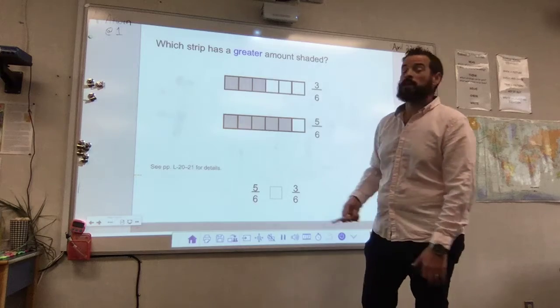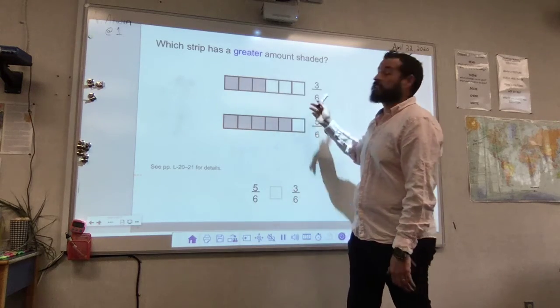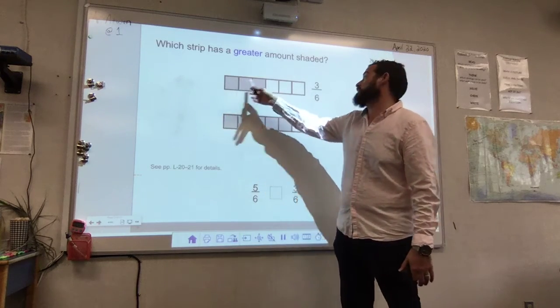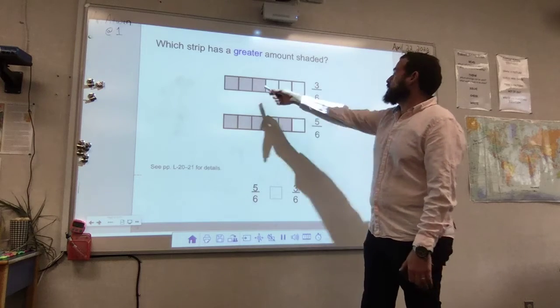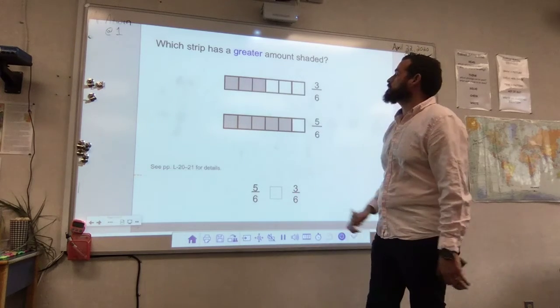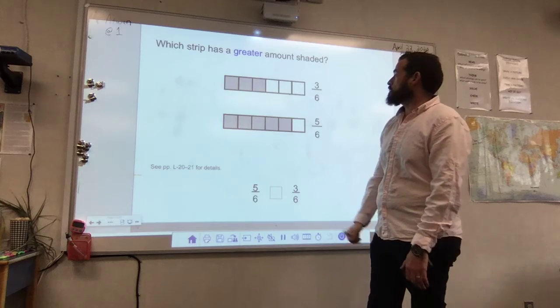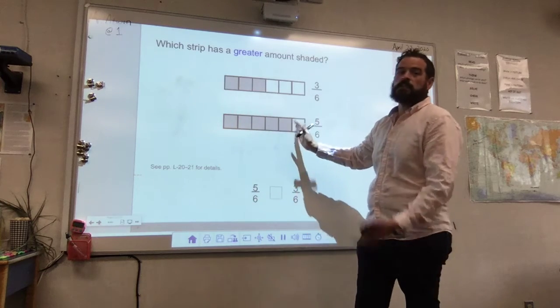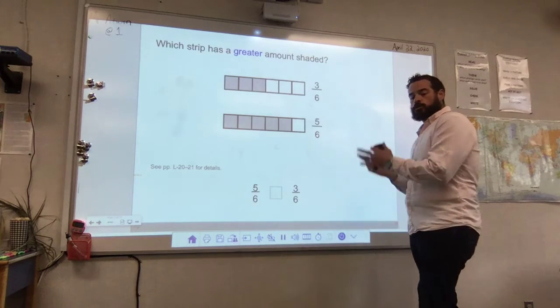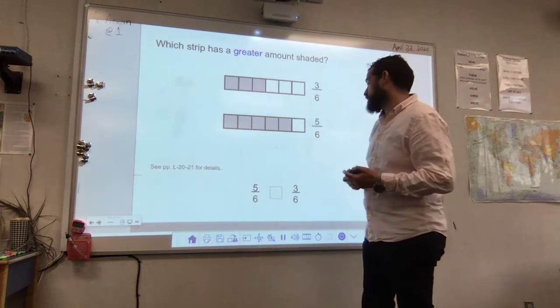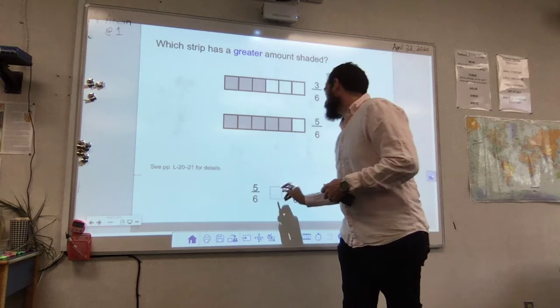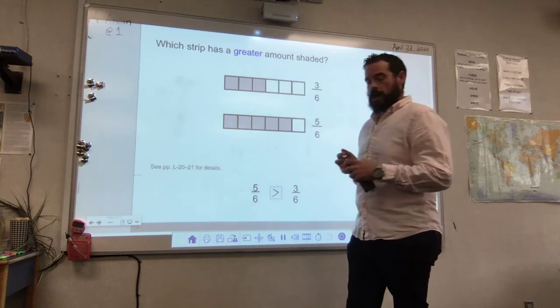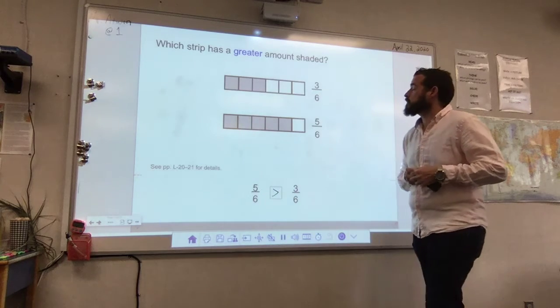Our denominator is the same, 6, because it's divided into 6 equal parts. Here we've got 3 shaded, so 3/6. Here we've got 5/6. When you see it visually, it's easy to see which has more shaded, which is closer to a whole, 5/6. So 5/6 is greater than 3/6.